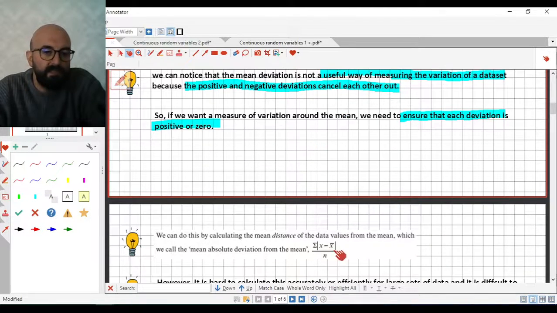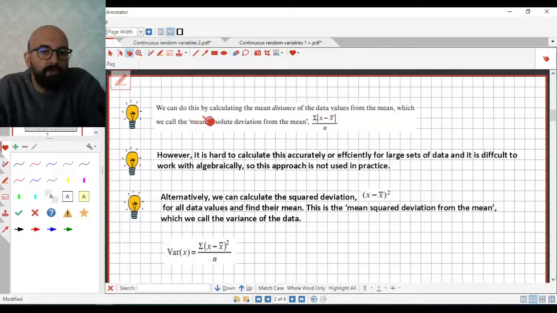Now how can we improve this situation and make the deviations positive or 0? We can do this by calculating the mean distance of the data values from the mean, which we call the mean absolute deviation from the mean. For example, the sum of the absolute distances between all data and the mean, over the number of data values, n.